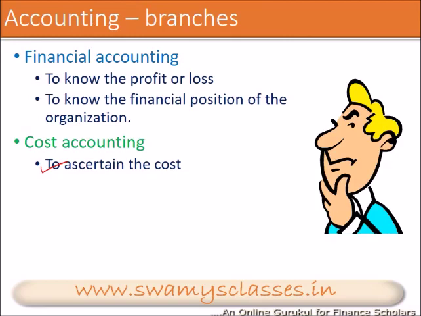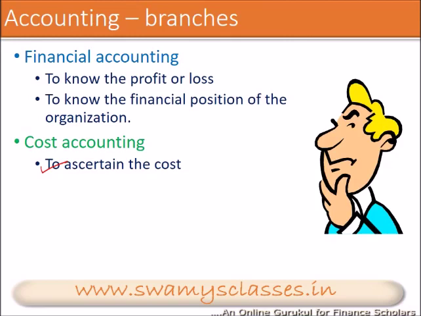But with the help of cost ascertainment, various things can be done. Without knowing the cost, how will you fix the price? So cost ascertainment will help us in price fixation. Unless you know the existing cost, how will you plan for cost to be calculated in future? So it helps in cost planning. Unless you know the cost, how can you control it or how can you reduce it?